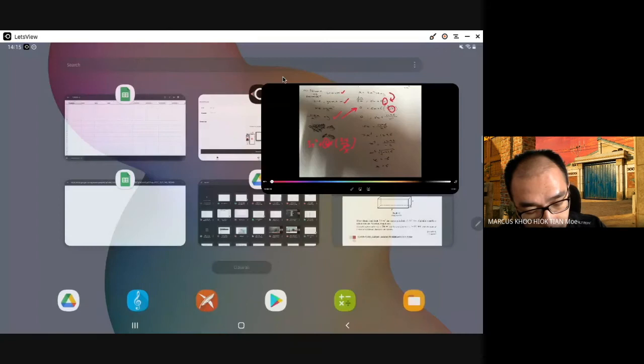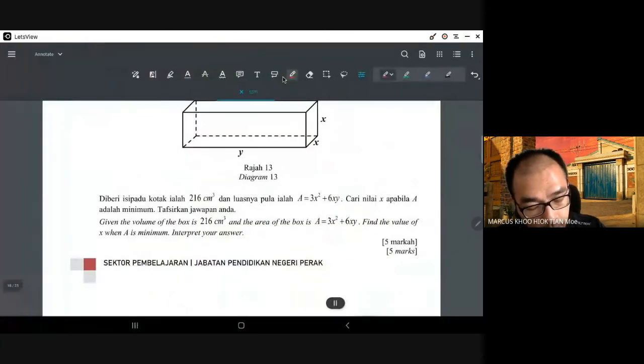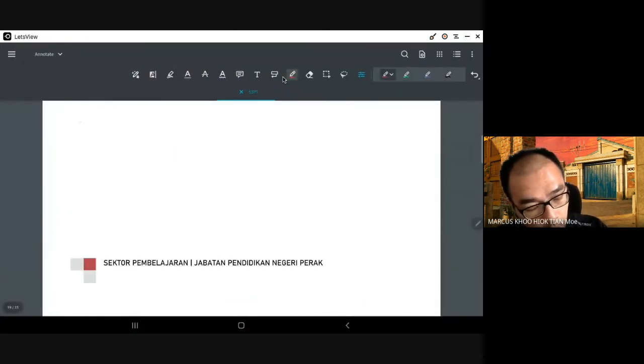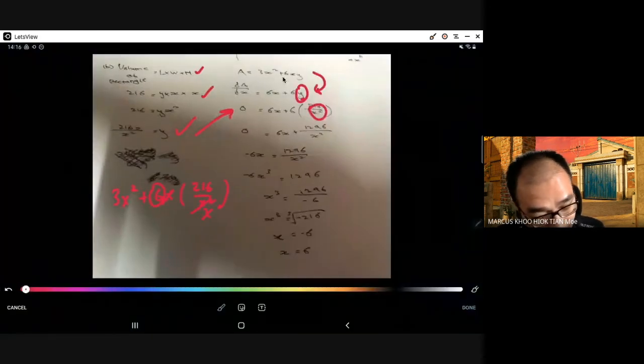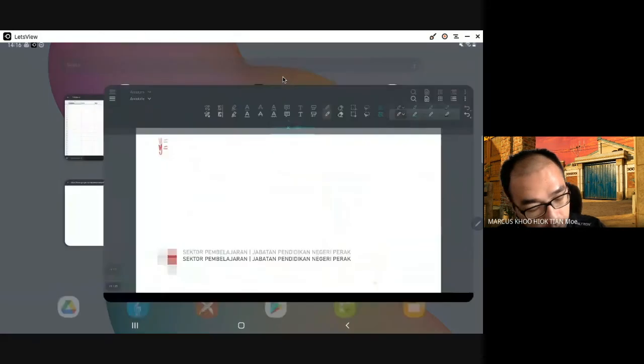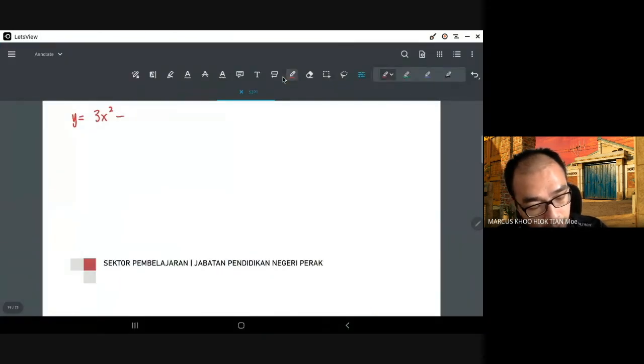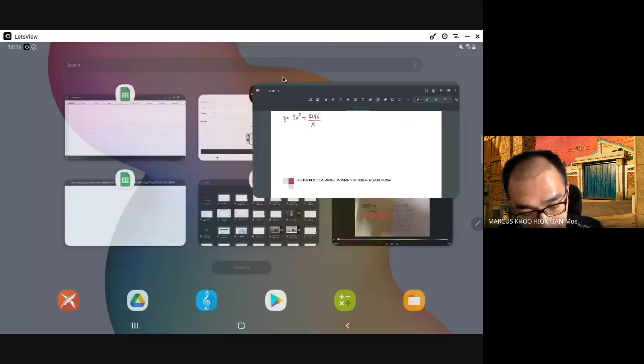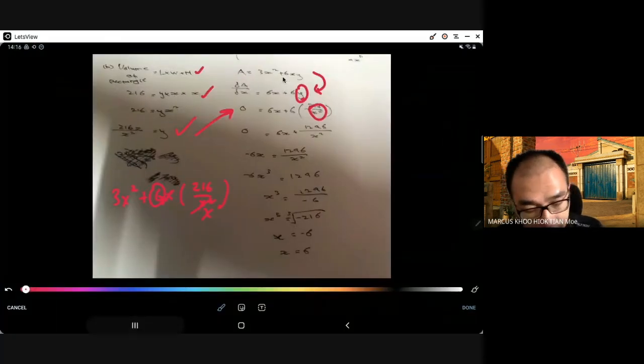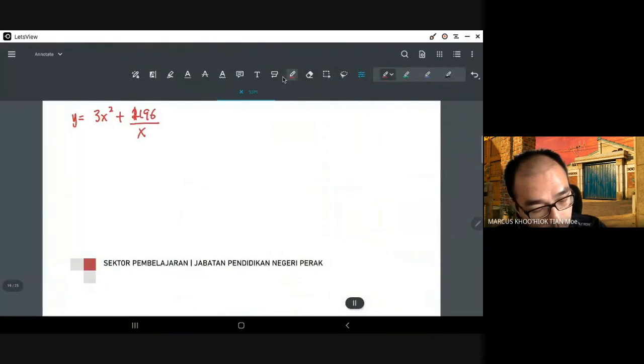So I would have done y equals, I forgot already, 3x squared plus 1296 over x. Is that this one? 2196. Oh, 1296. Okay, 1296 over x. Only then I differentiate, because everything is in x already. There is no y inside anymore.